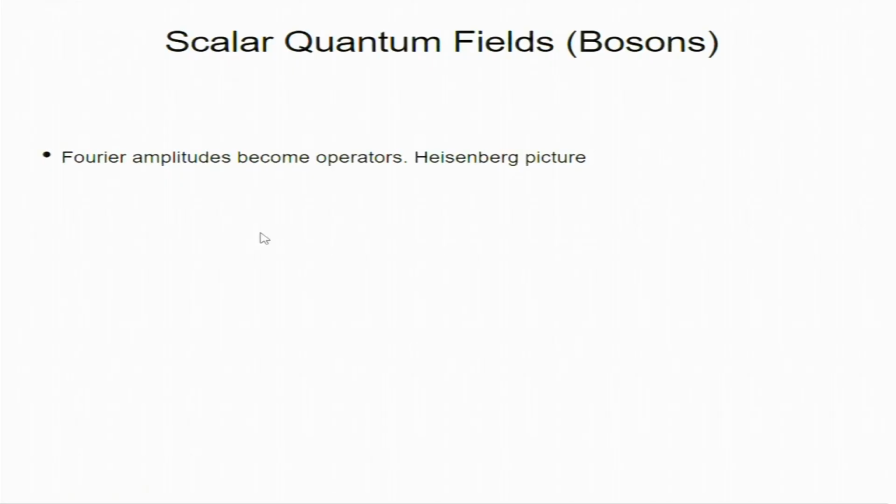So, Fourier amplitudes become operators, and these operators will evolve in time, so this is the Heisenberg picture. In fact, we will not normally deal with a wave function. We have lots of particles, n particles, and this particle number keeps changing, right. Imagine the n-particle wave function in your usual course, and suddenly one particle has been destroyed or two particles have been destroyed, then what happens to the wave function?